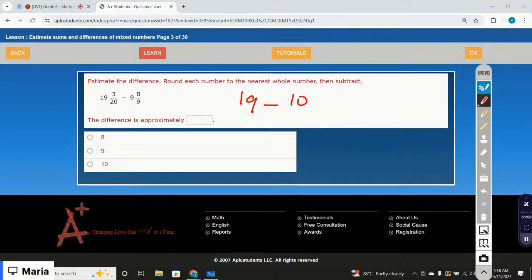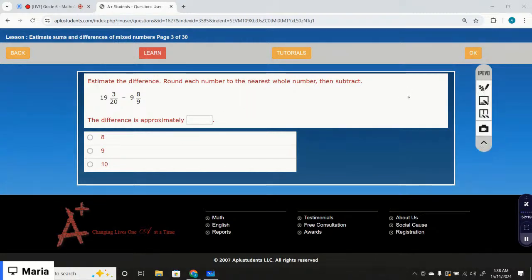That is 19 minus 10, which is 9. Option number 2 is the correct option. Very good.